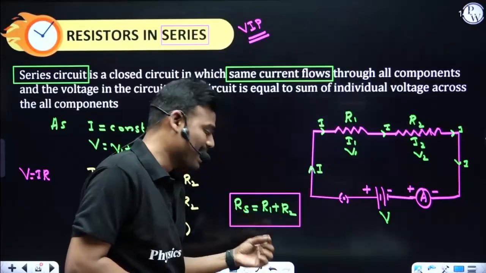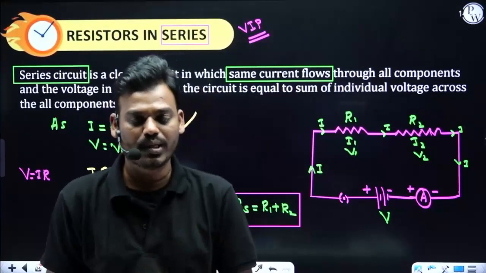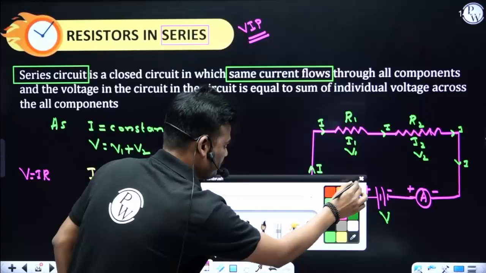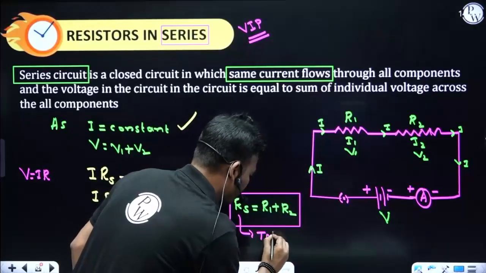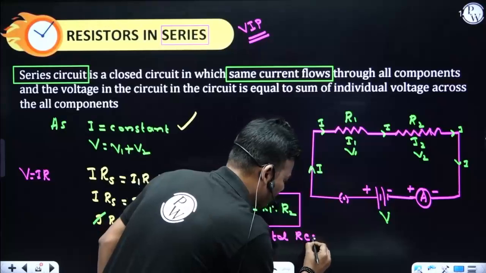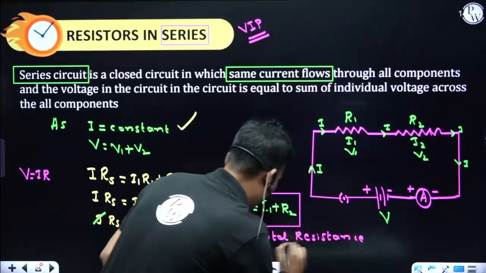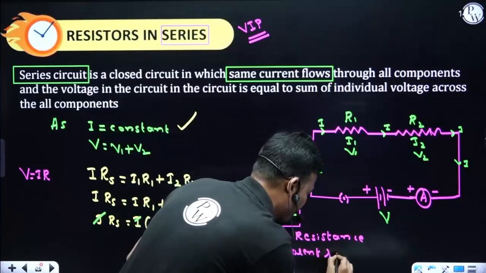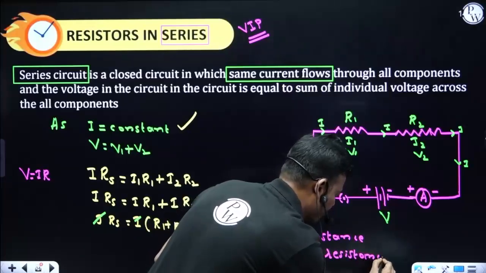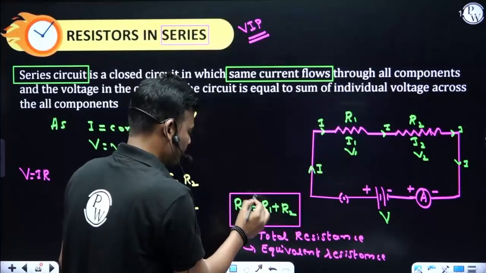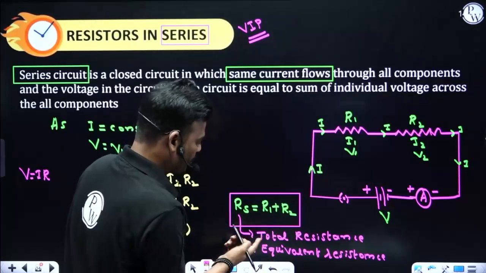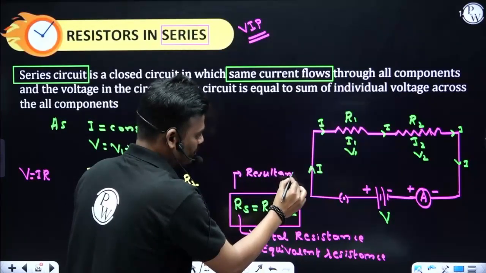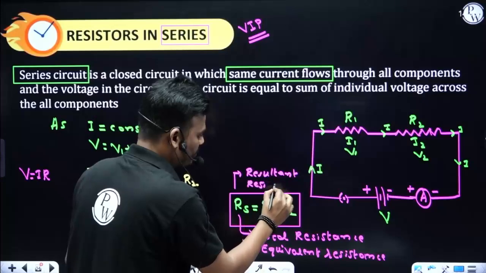So this Rs indicates the total resistance of the circuit, or equivalent resistance, or resultant resistance.